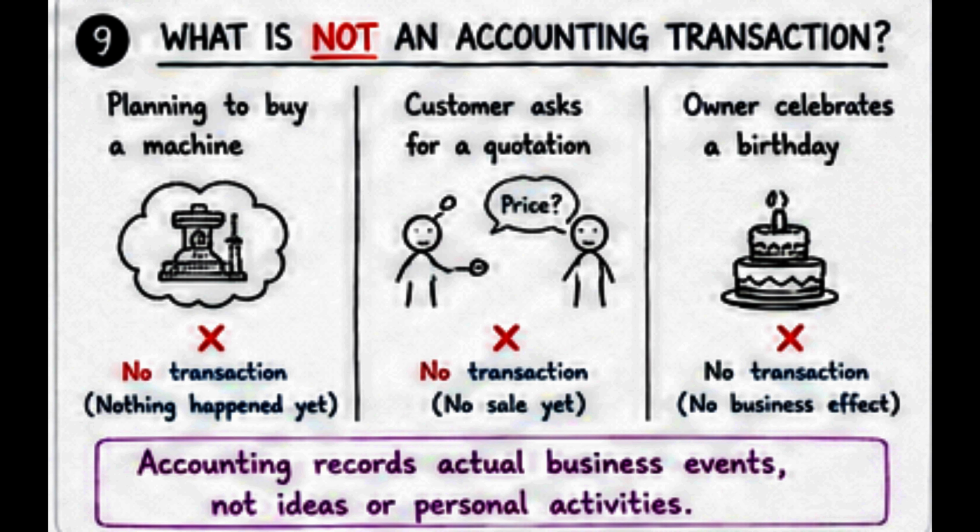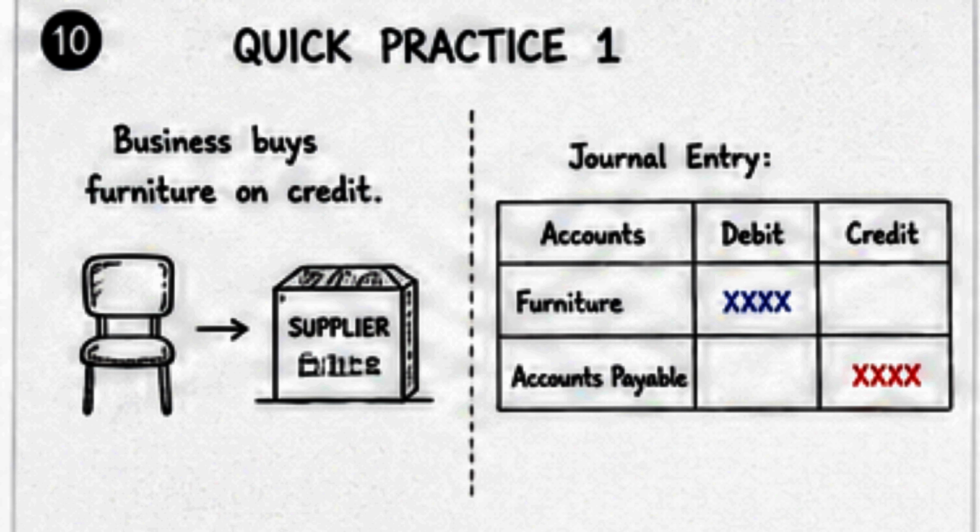Let's do a quiz for quick practice. The business buys furniture on credit. What is the answer? Furniture debit, and as we did not pay anything right now, the seller will be my accounts payable, and accounts payable is credit as it increased the liability of payment.